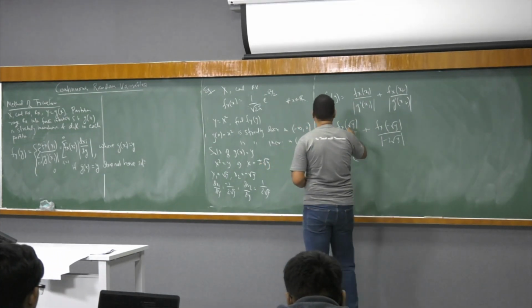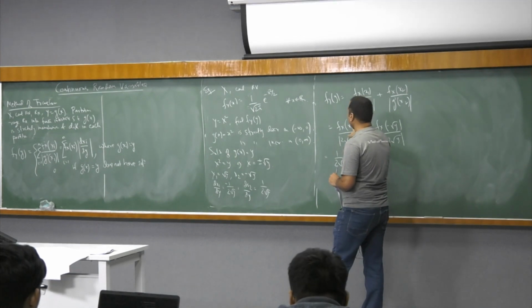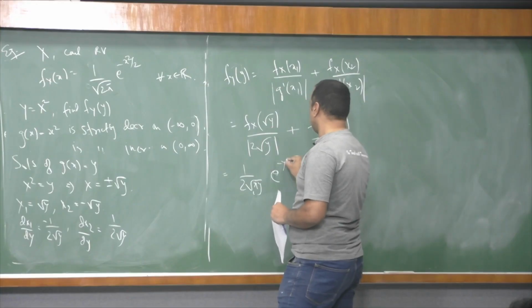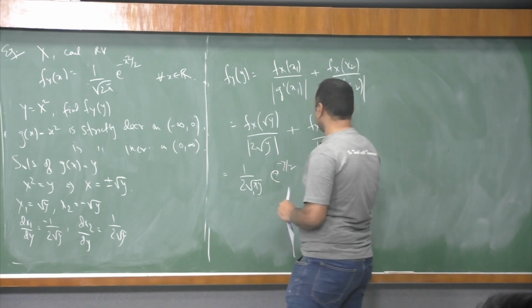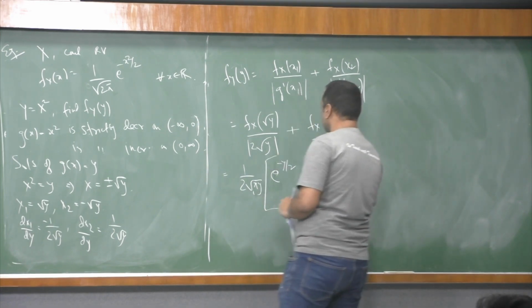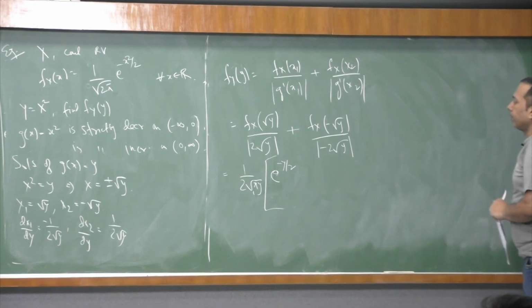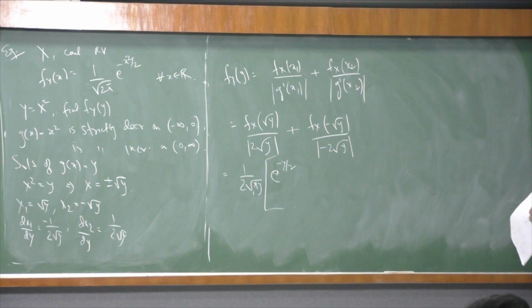And e to the square root of y squared becomes y, so e to the minus y by 2. Both these terms have this common factor, and plus e to the, again it becomes y eventually.